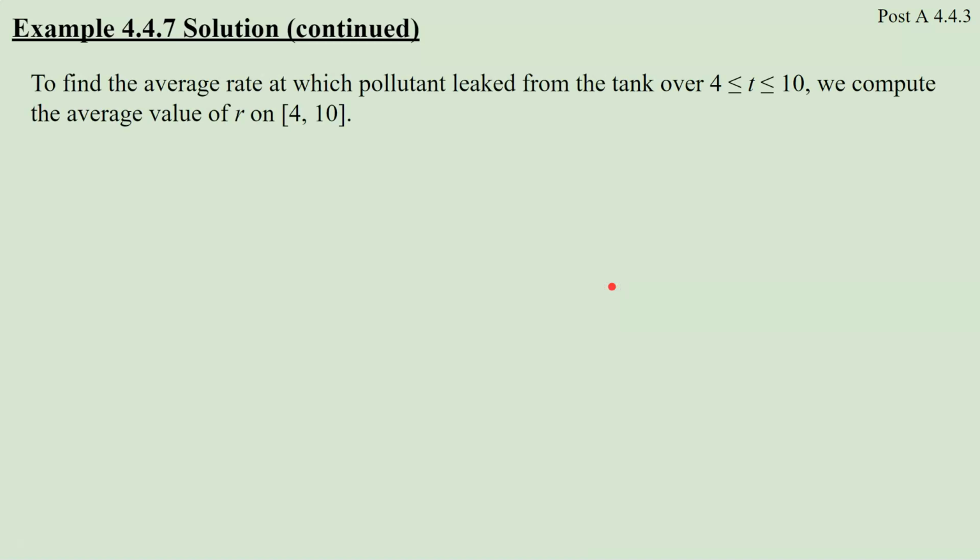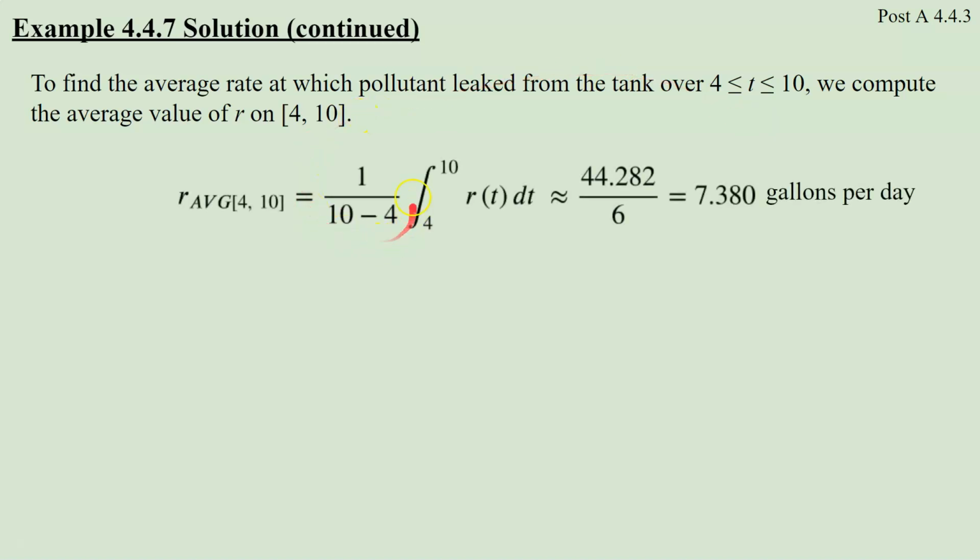All right. So what does all that mean? Well, if we want to find the average rate of pollutant leaked from the tank from 4 to 10, not how much happens each day, but over the course of days 4 to 10, on average, how many pollutants are leaked from the tank? This is where we use our average value function.